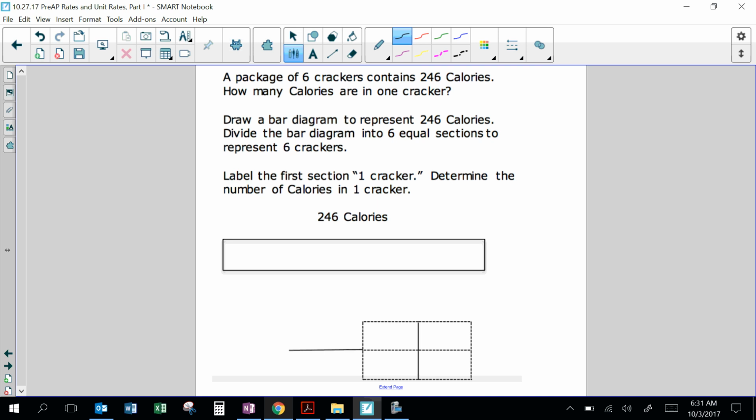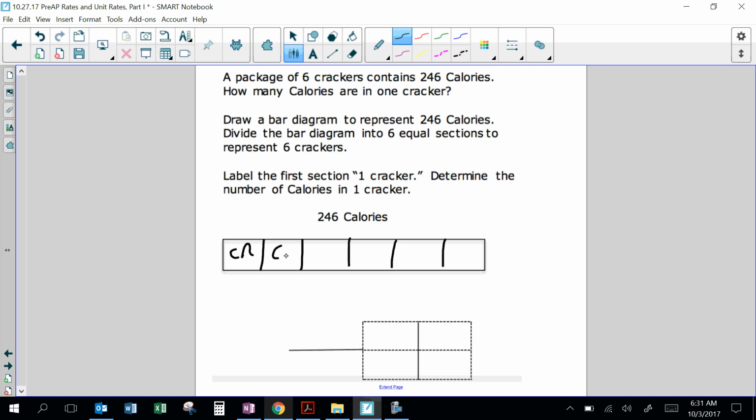So here's our last thing. Can you work it out on your own on some independent problems? There's a package of 6 crackers. It contains 246 calories. How many calories are in one cracker? Draw a bar diagram to represent 246 calories. Divide the bar diagram into 6 equal sections. So here are 246 calories. That's for 6 crackers.